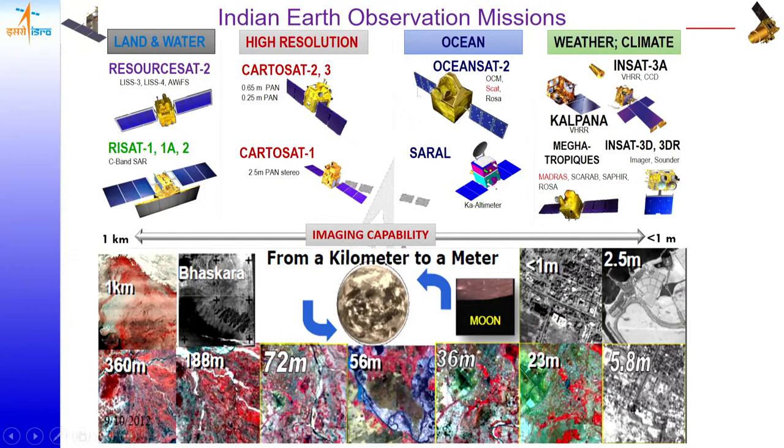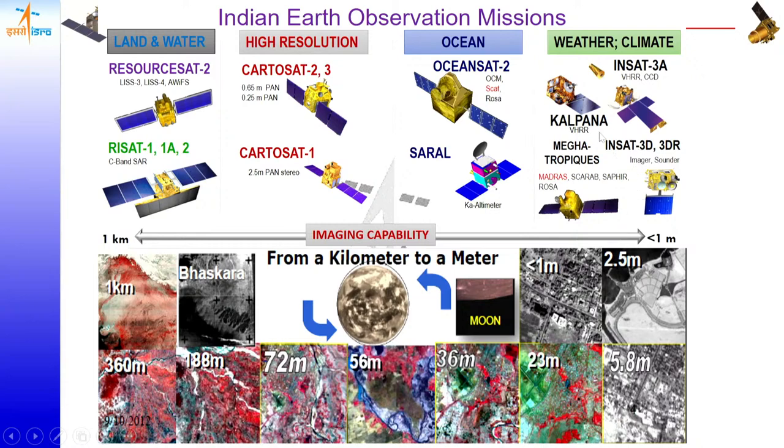Now, if you see the Indian Earth observation missions, depending upon what kind of hazard we have, for example, for meteorology, precipitation and cloud movements, it is always the geostationary platform which will be used.